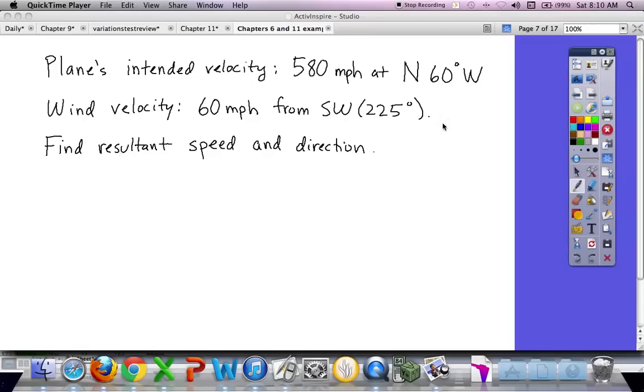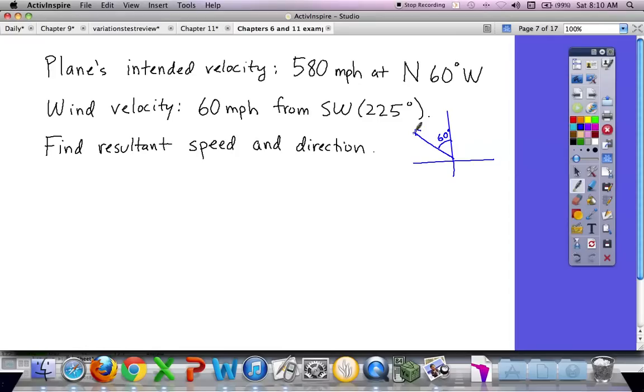I don't want to take up too much board space here because this is definitely going to take a little bit of space. So 580 at north 60 degrees west. North 60 degrees west is like that, where that's 60 degrees. And if the wind is coming from the southwest, it's coming from this direction.